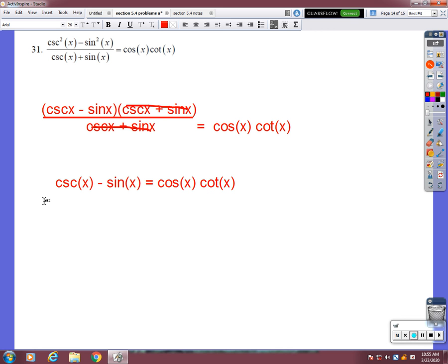So once we get to this point, it's always a good idea to just change everything into sine and cosine.